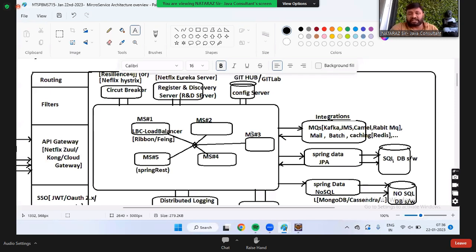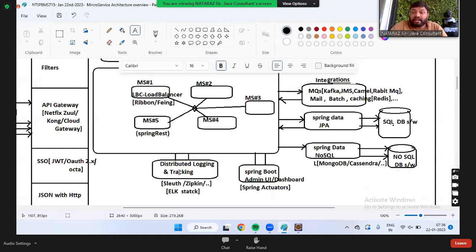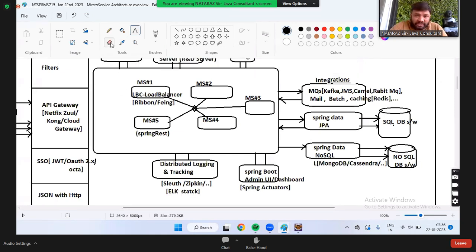Are you understanding my statement? Then we need to think about working with what, guys? Distributed logging and tracing. And we have examples called Sleuth Zipkin, ELK stack. Either Sleuth Zipkin or ELK stack to make this communication happen.